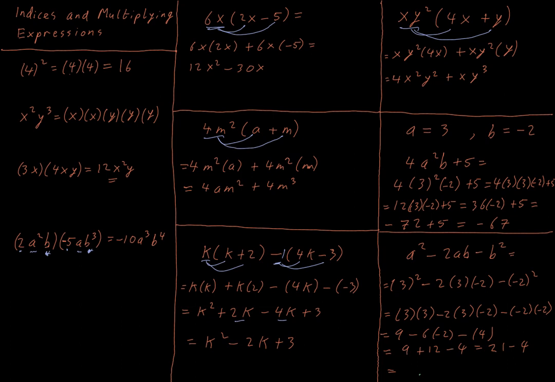And 21 minus 4 is going to leave us with 17. So we can see we're just doing BIMDAS here once we've subbed in. So this is what we need for our indices and multiplying expressions.